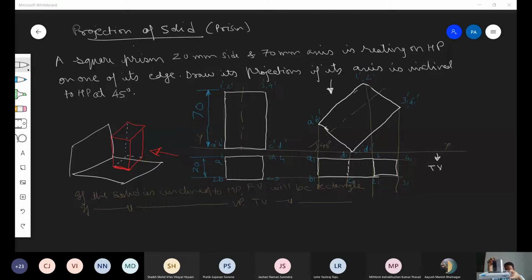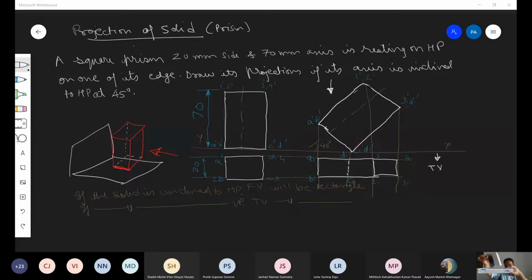In order to rest this on one of its edge, we have to tilt it like this. Then only it can rest on one of its edge. Are you understanding this? Yes, sir. So it has to rest on one of its edge, so we tilt it. Now it can rest on one of its edge like this.